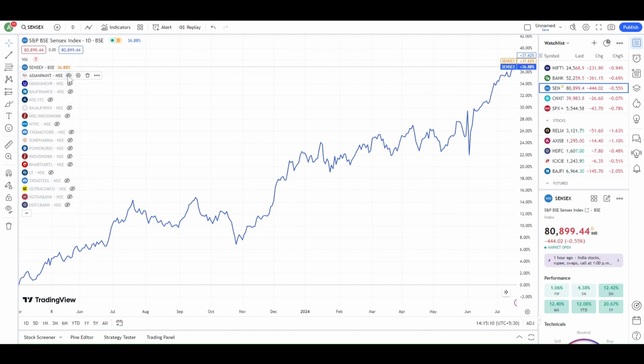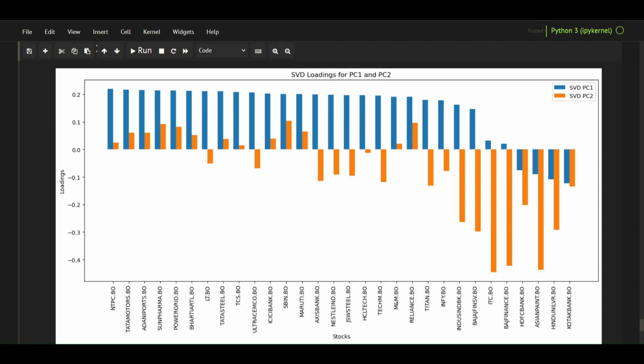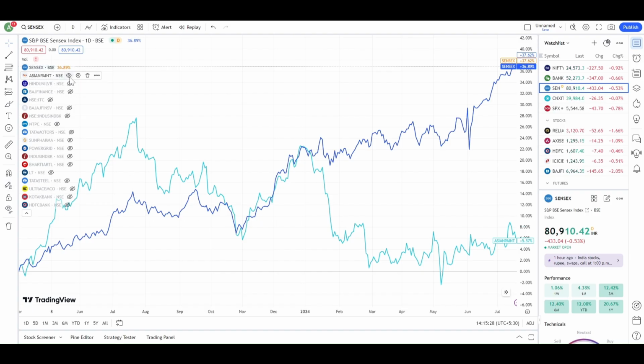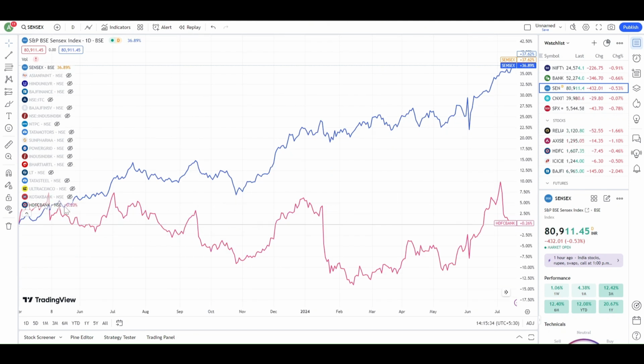Asian Paints is here. And yep, Sensex is going up and Asian Paints is going in the other direction. So certainly this has practical value. And HDFC Bank, now let's see. So here we are. And HDFC Bank is also exhibiting a similar kind of trend.